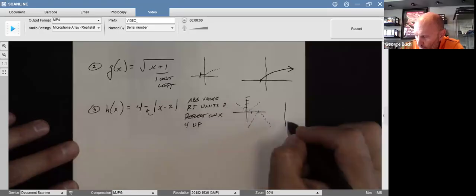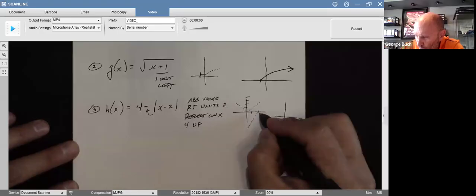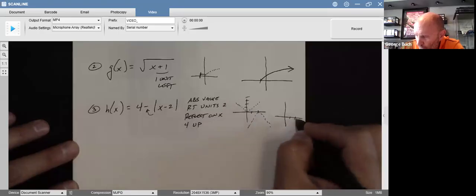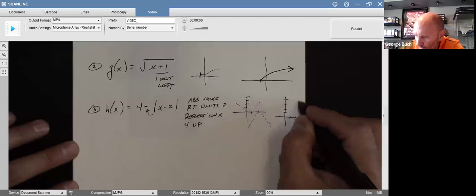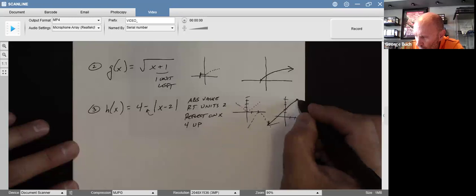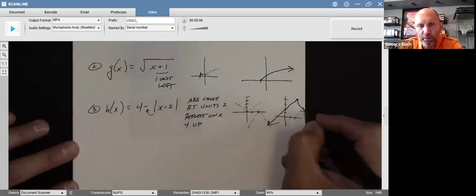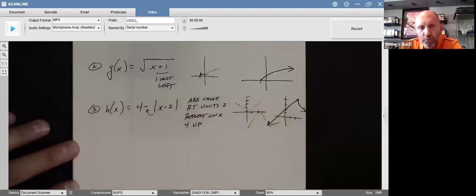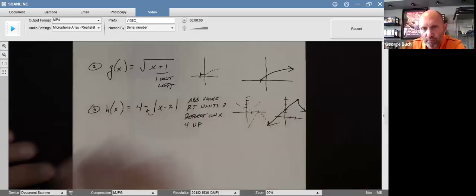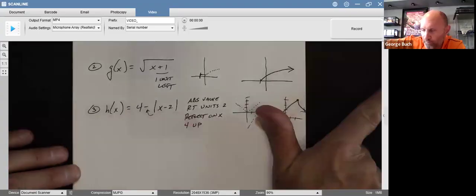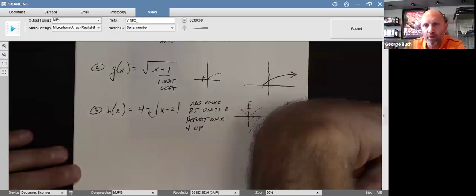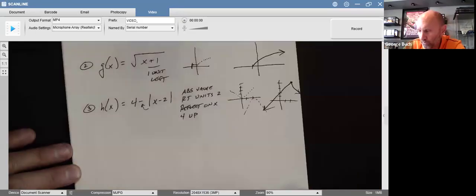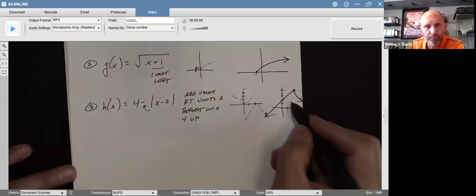So this point here is really 2 units over and 4 units up, and then it's the V shape pointing down. I ran out of paper there, but you get the idea. So it's a V that shifted 2 units to the right, flipped upside down, and then slid up 4 units, which gives us that picture there.